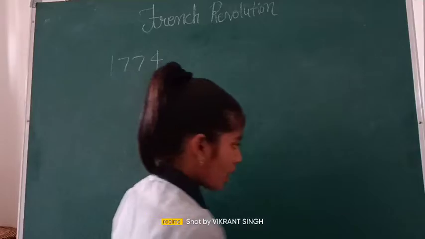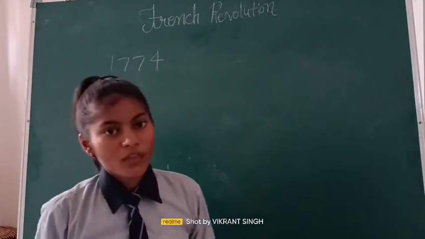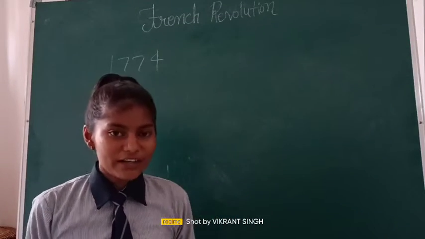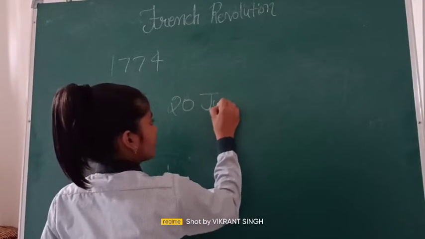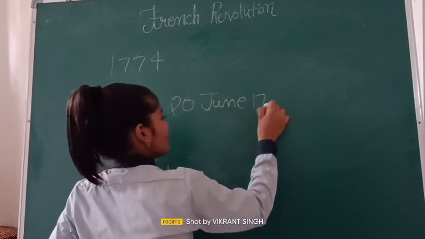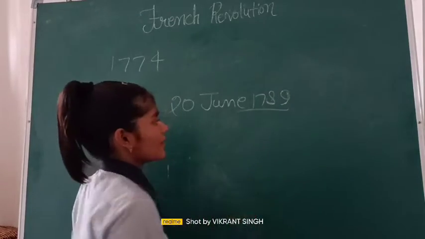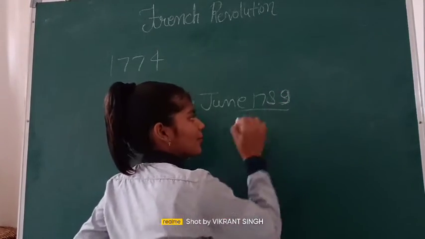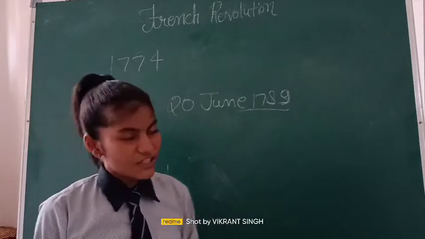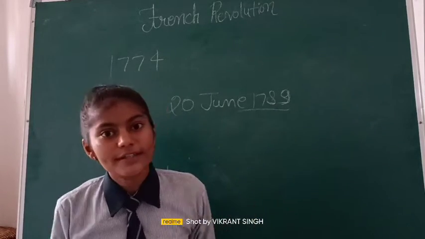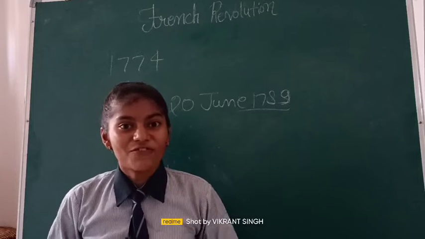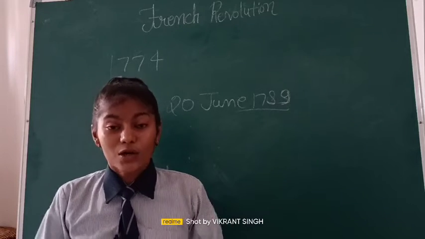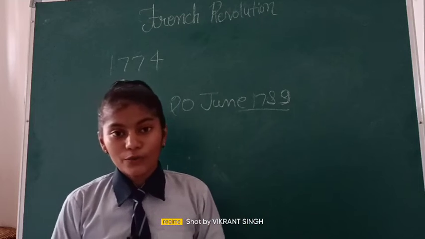Okay, then what happened? After 5th May, shortly after, on 20th June, yes, the same year 1789, all these things actually happened in the same year. On 20th June, the third estate gathered in an open tennis court in Versailles, the royal palace of Louis XVI.